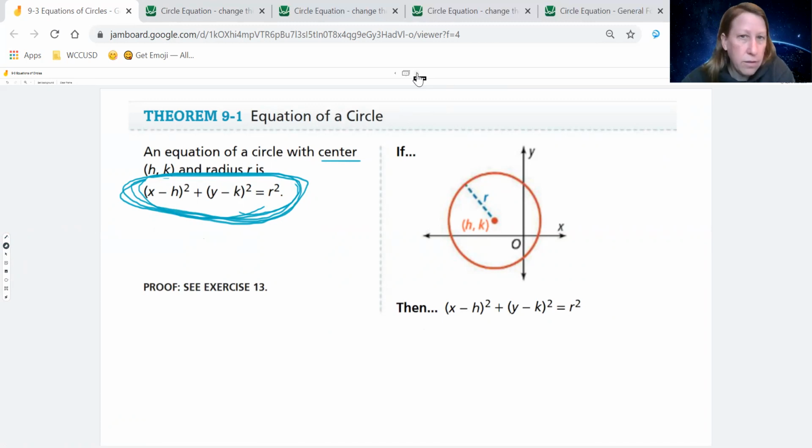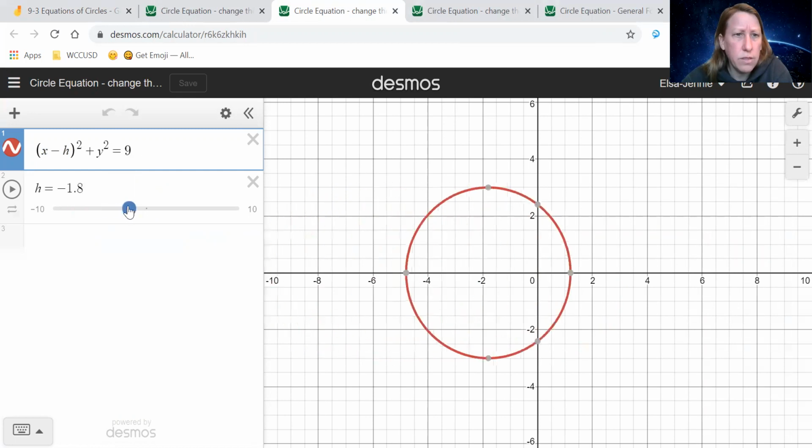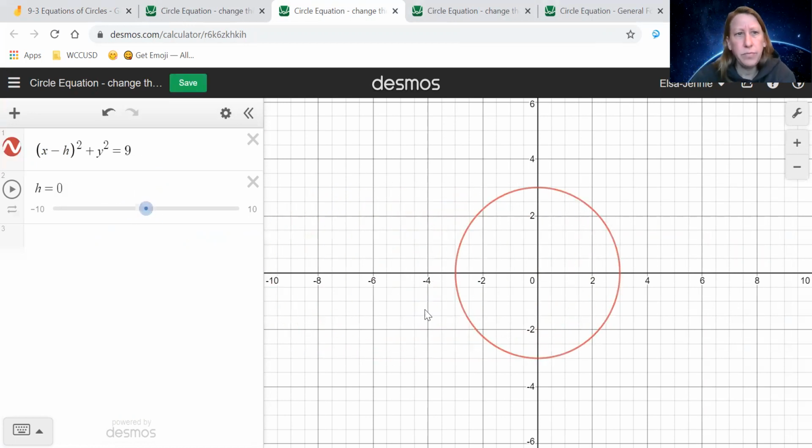Okay, let's play with changing the H. Let's see what that does. You can see it set up right here. I have X minus H squared plus Y squared equals 9. What's the radius of this circle? I'm going to move this to 0.